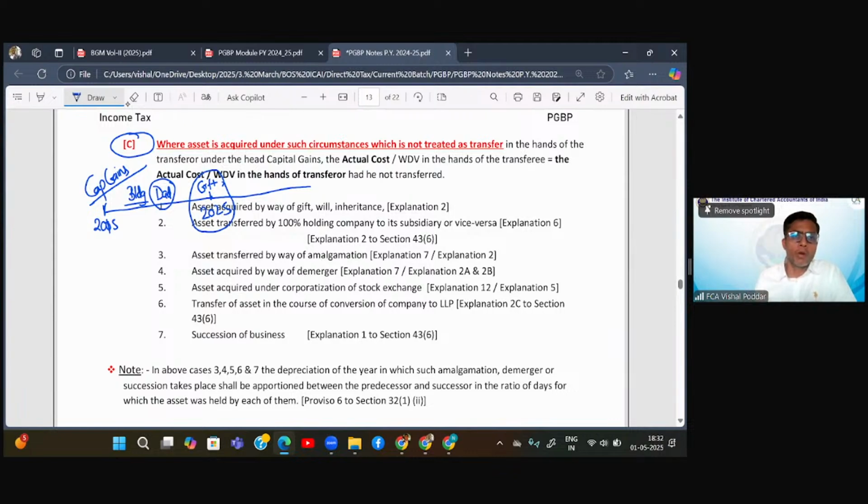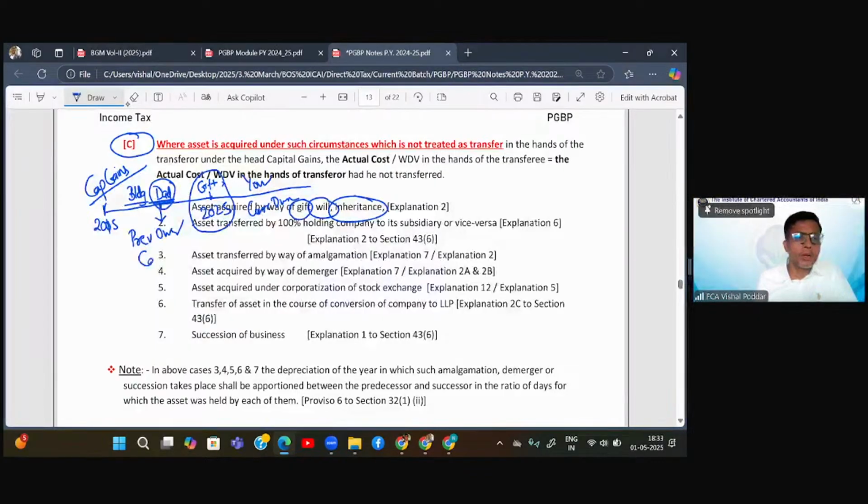So anything which is acquired by you by way of gift, will, inheritance, there is no cost that you are paying. But the law says we will take a cost. What will be that cost? That cost will be the cost to your previous owner. Now that is the previous owner because you are the current owner.